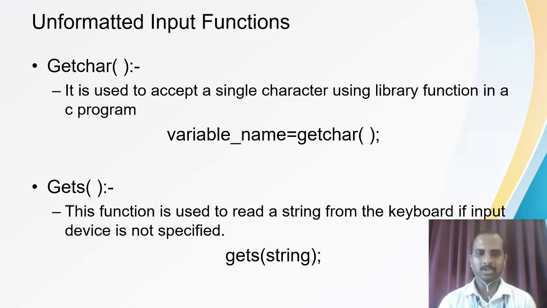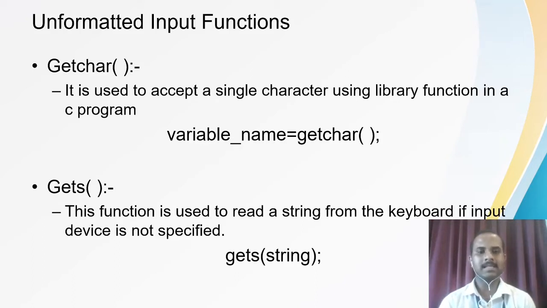Unformatted input function getchar. Getchar is used to accept a single character from the keyboard or any input device. Even if you try to input more characters, it is only going to take one character.